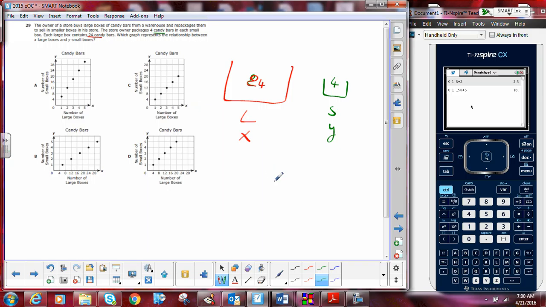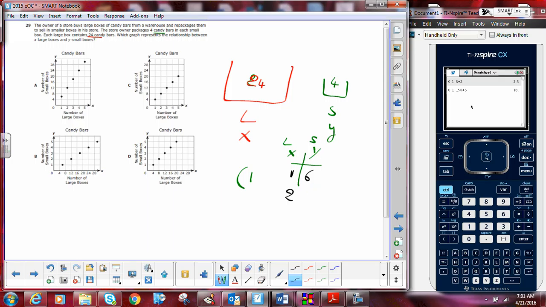So one large box. If you do a table, you do X and Y. Of course, X is the large box, Y is the small box. If you bought one large box of 24 candy, how many small boxes are you going to make? You have 24 divided by 4, you're going to make 6 small boxes.